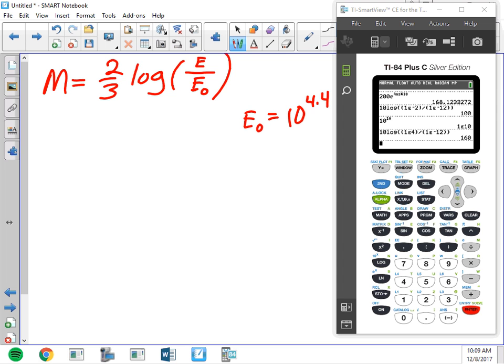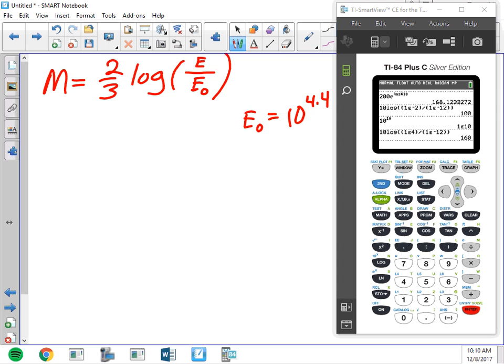So if you go back to 367, the magnitude of an earthquake is measured using the Richter scale. So magnitude is the number that you get. It was a 7.3. It was an 8.2. Where E is the seismic energy released by the earthquake, and E naught is the energy released by a reference earthquake. E naught is 10 to the 4.4.